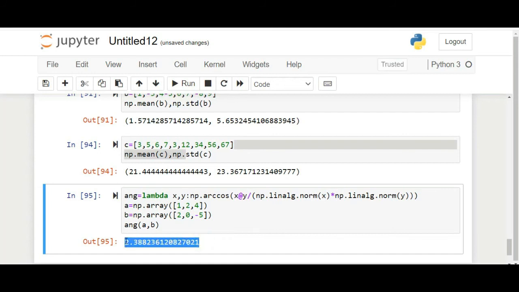We can convert this angle into degrees as well, but now this is the angle between these two vectors, and remember that this is the formula. Okay, the formula is cos inverse of the inner product of x and y divided by np.linalg.norm of x multiplied by norm of y.